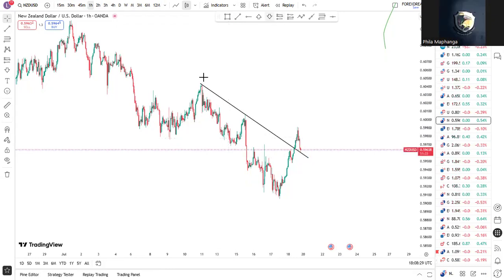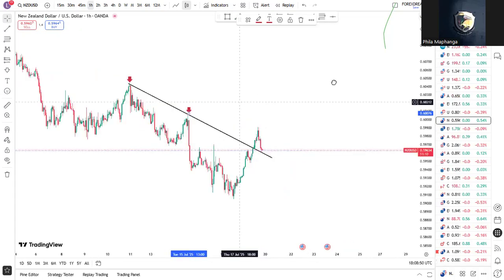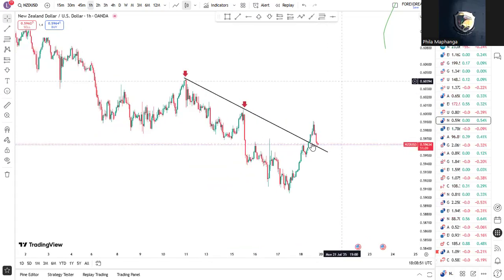Thank you. Now look at these. Here's your first time touch of the trend line, second time touch of the trend line. On the third touch, the trend line was broken. Can you see that? The market went all the way up. And then now they are coming back here. Now, let's focus on what happened before they break the trend line.